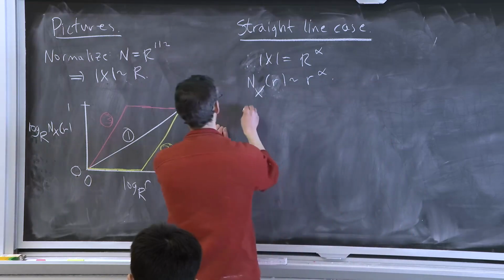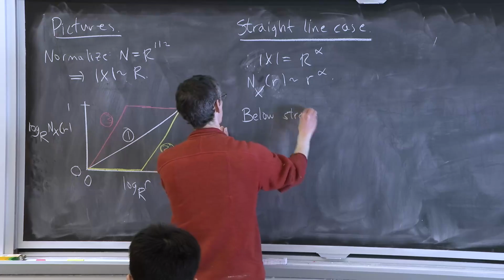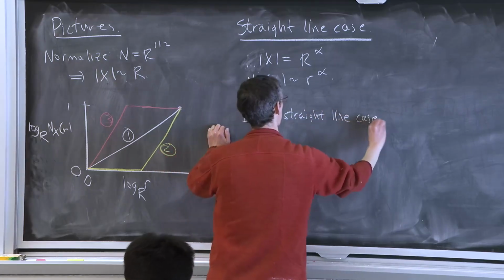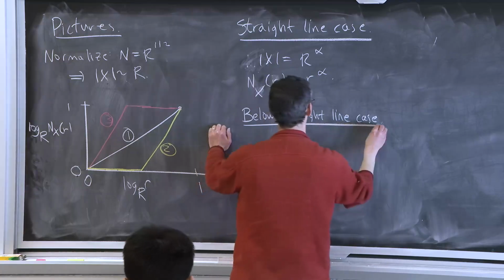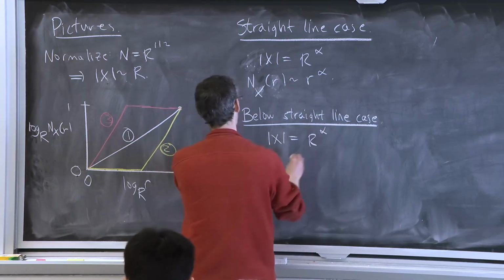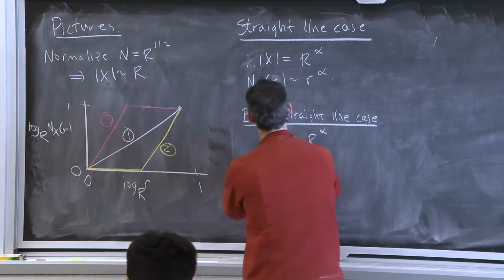And the below the straight line case: the size of x would still be r to the alpha. So the endpoint would be the same. But now in the middle, we're going to go below what we had before.